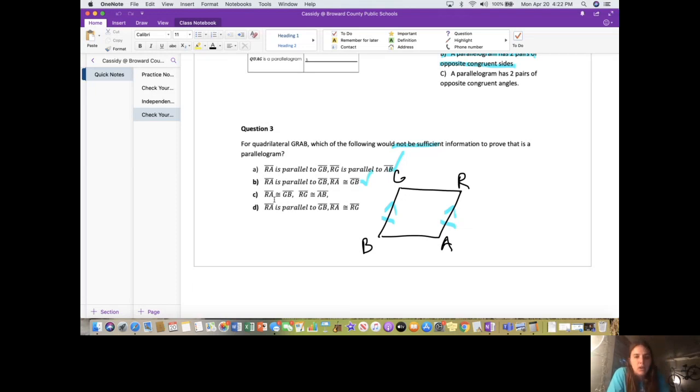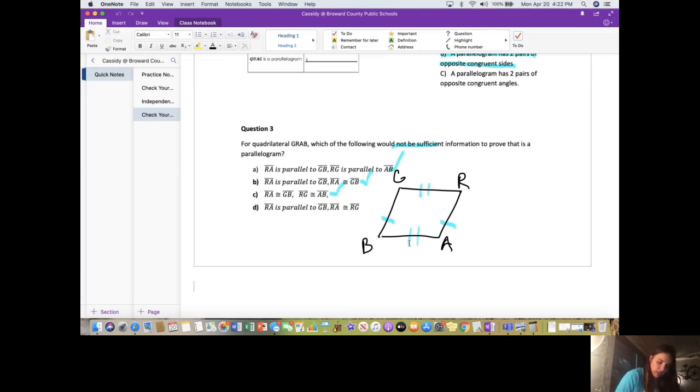All right, RA is congruent to GB, and then RG is congruent to AB. So that one's saying that opposite sides are congruent. In a parallelogram, yes, opposite sides are congruent, so that's good.